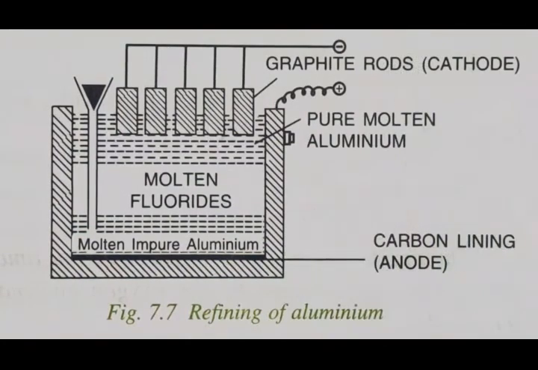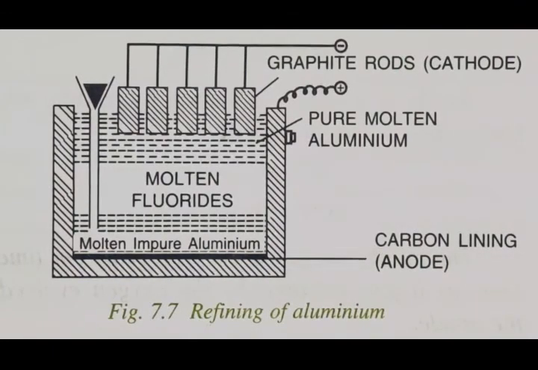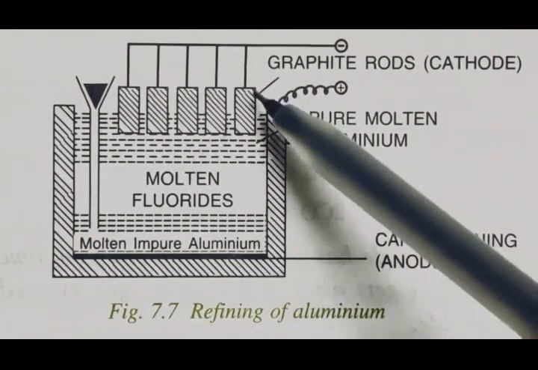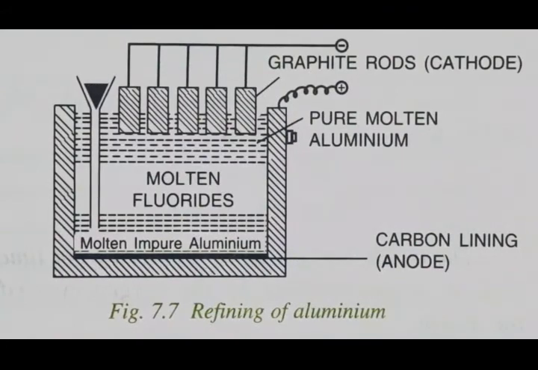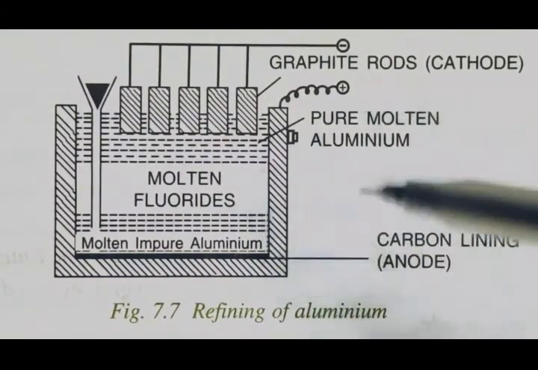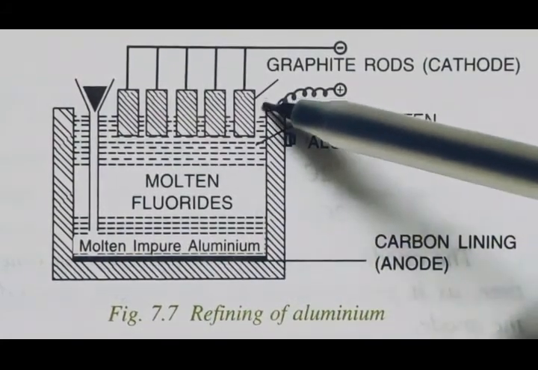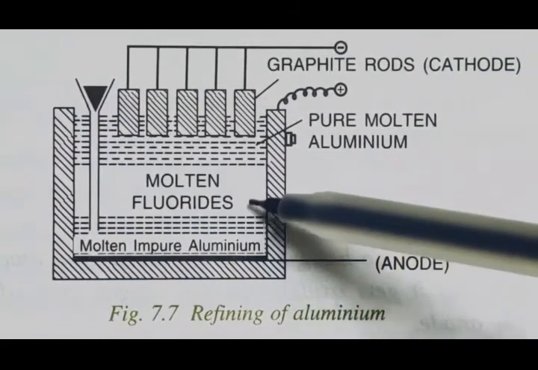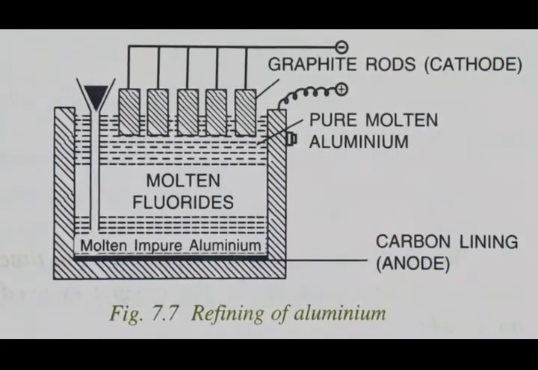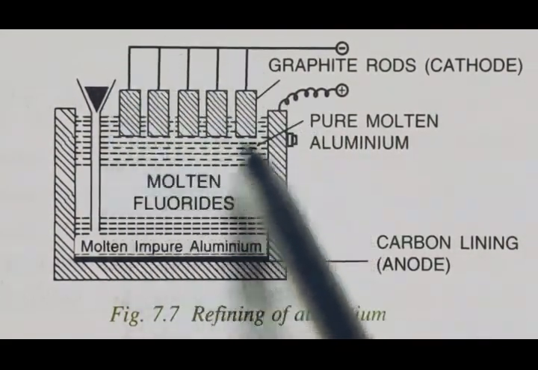When the electricity is passed, aluminium from the middle layer passes to the top layer, and an equivalent amount shifts from the lower layer to the middle one. Clear? From the middle layer the pure aluminium shifts towards the top layer, and from the bottom layer the aluminium shifts towards the middle layer. The pure aluminium is accumulated over the top layer.